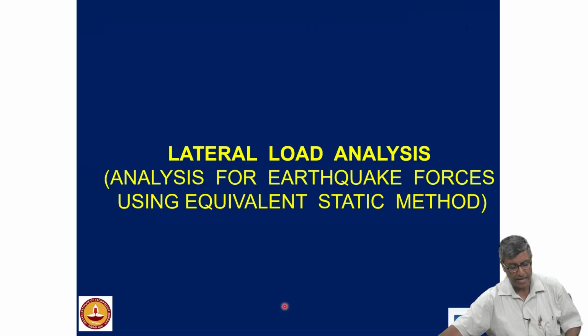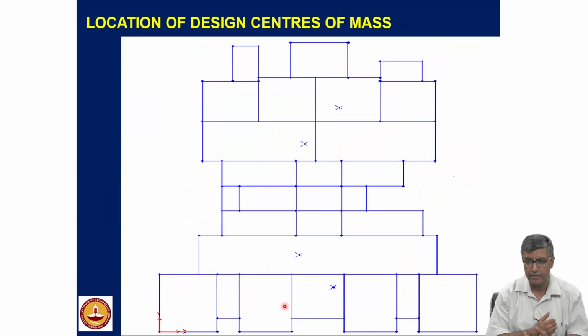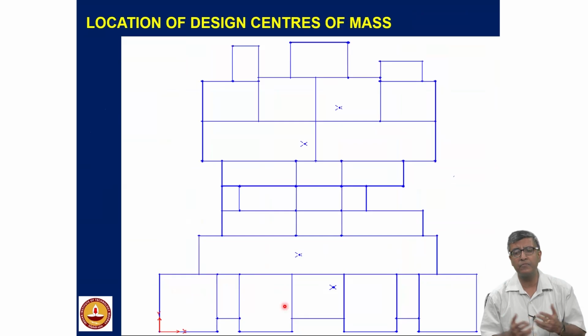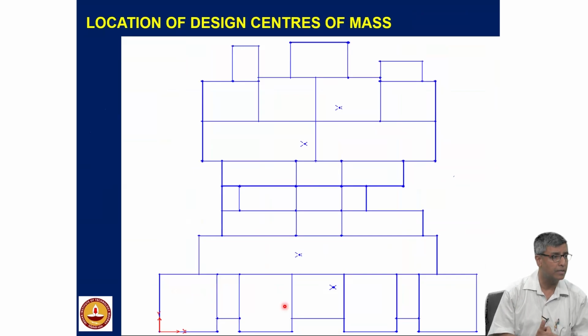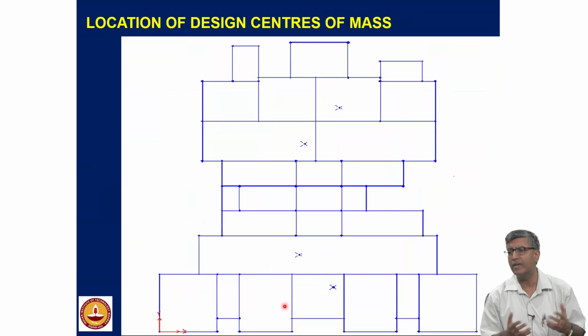Coming to the lateral load analysis for the earthquake, first we have to define what is called the center of mass. Now today, Professor Ribarupa had mentioned this, that even in our basic physics, we had learned the term center of mass, or sometimes for floating bodies, center of pressure. Why do we define this? These are analysis variables.